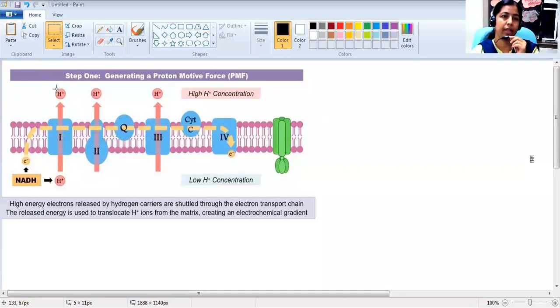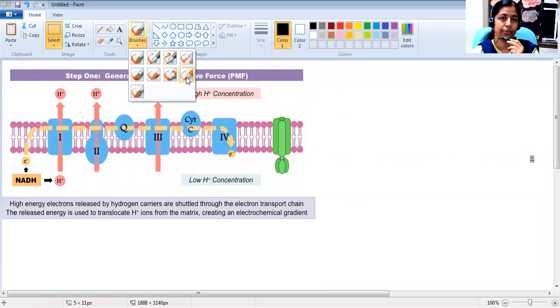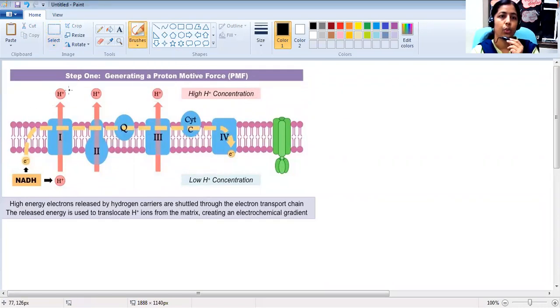So here you can see step 1, that is generating a proton motive force. Call it PMF. Here you can see the hydrogen ions are released.